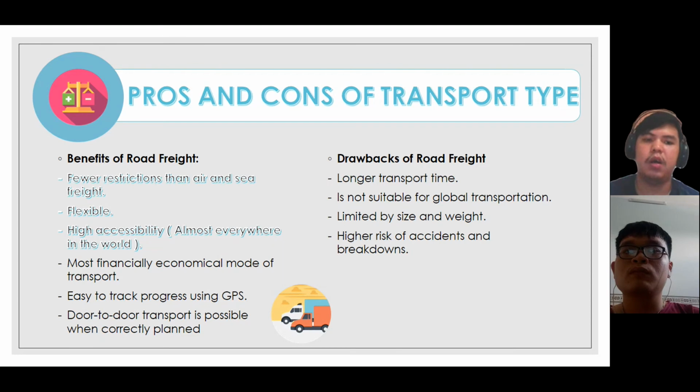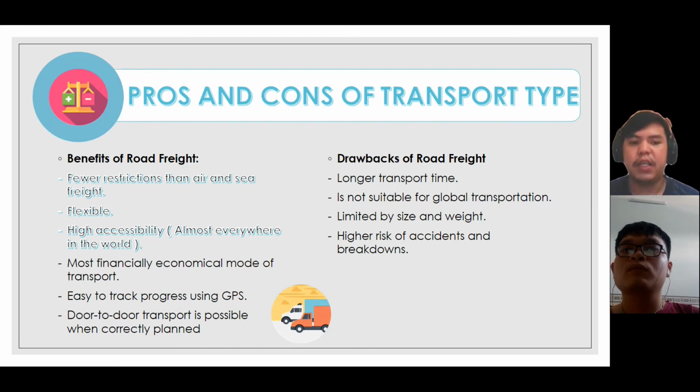The first one are road freight, which the benefit it offer fewer restriction than air and sea freight, very flexible on time and schedule and the transport the vehicle. It is also very high accessibility, which almost every country in the world have a road network.